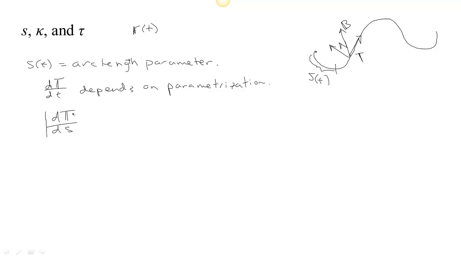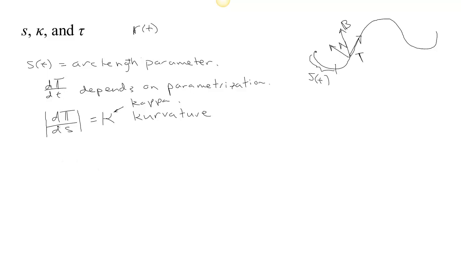But the length of this vector is a measure of how much the curve is bending. So we'll call that kappa. This is the Greek letter K, for curvature. So this is kappa for curvature. So that will be one thing that we're interested in.